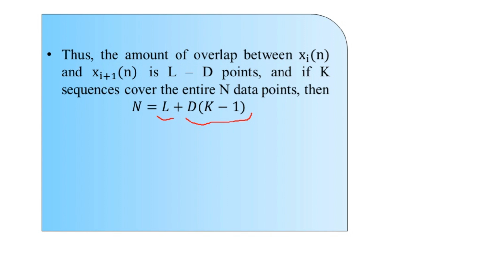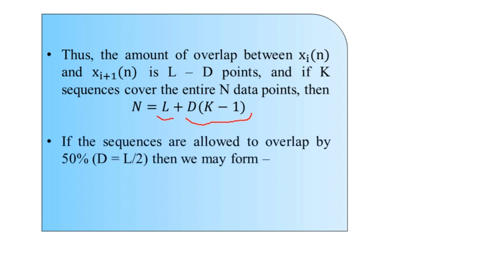On the other side, if the sequences are allowed to overlap by 50%, as suggested in Welch's method, the relation between D and L is D equals half of L, so D equals L by 2. Then K is given by twice the ratio N upon L, minus 1.